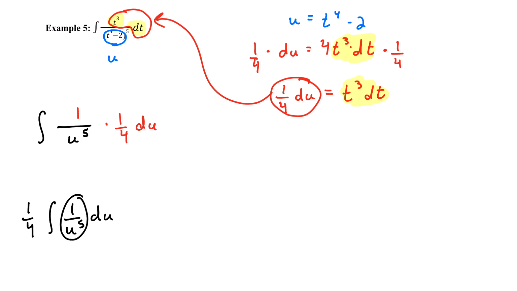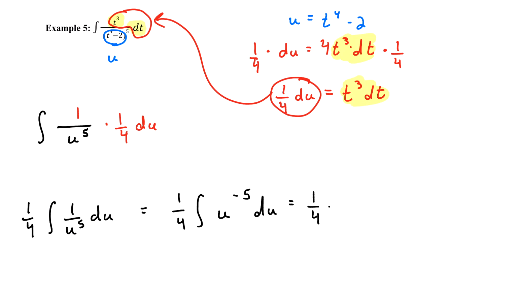I can't use my power rule while that variable lives in the denominator. So we've got to rewrite it using our exponent rules. We'll have 1/4 times the indefinite integral of u to the -5 power du. And notice I haven't added 1 to the power and divided by the power, so that means I still need to integrate. So that should be my next step.